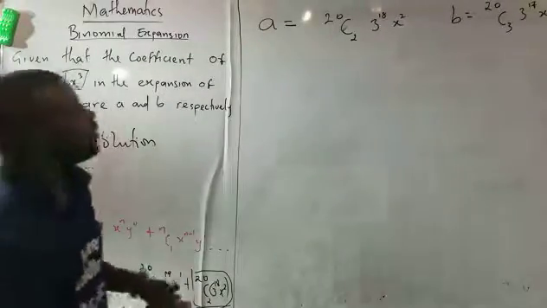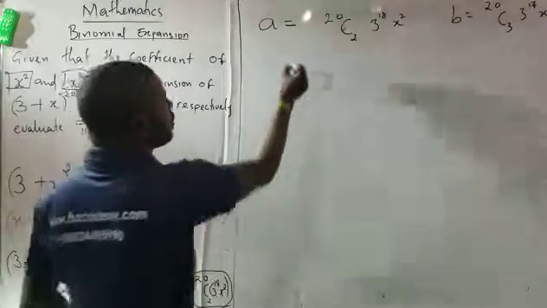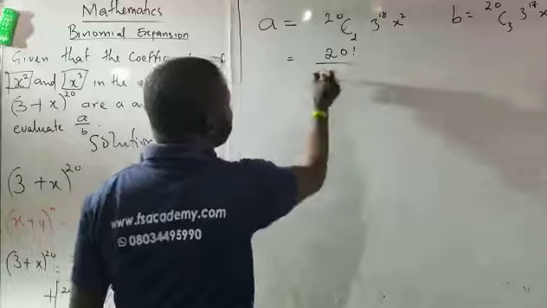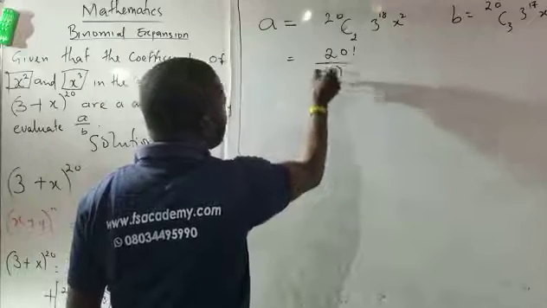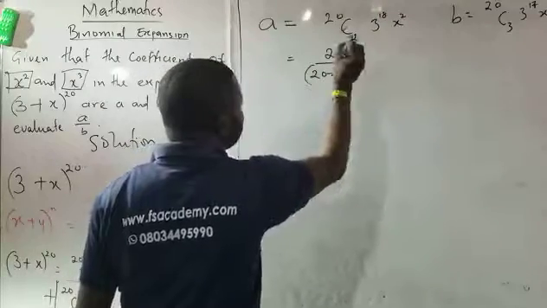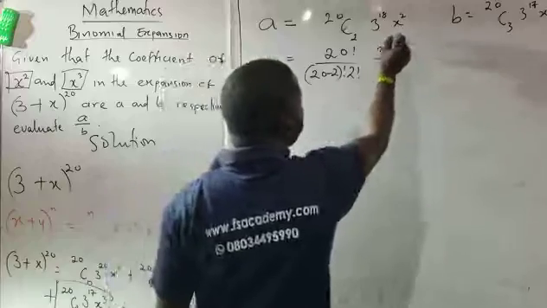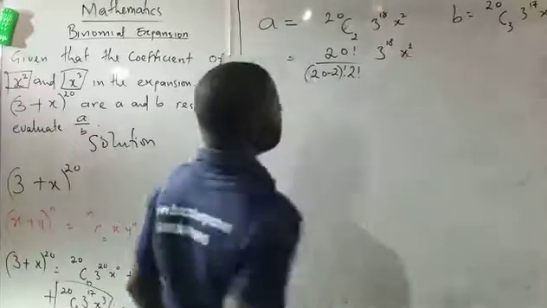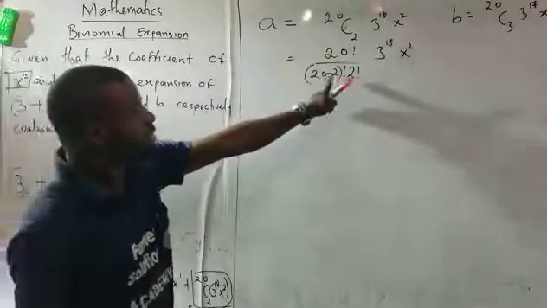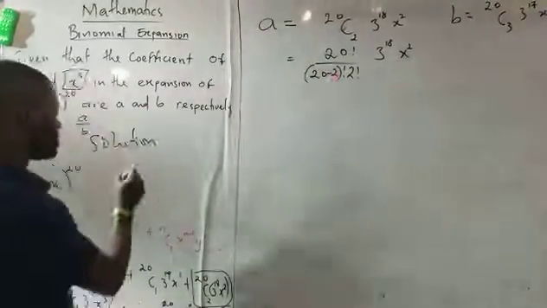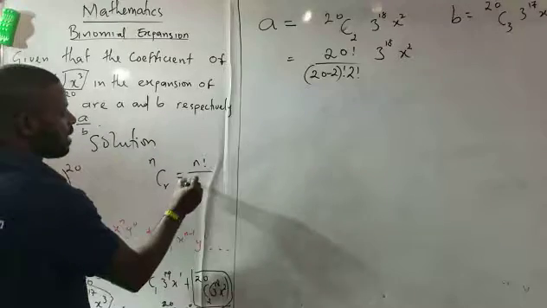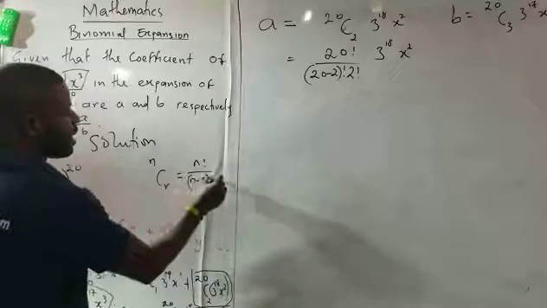The next thing I will do is that I will be having 20 factorial divided by (20 minus 2) factorial and 2 factorial, and 3 raised to power 18 and x squared. Mind you, this is factorial. I've told you that when I have nCr, it is n factorial divided by (n minus r) factorial and r factorial.